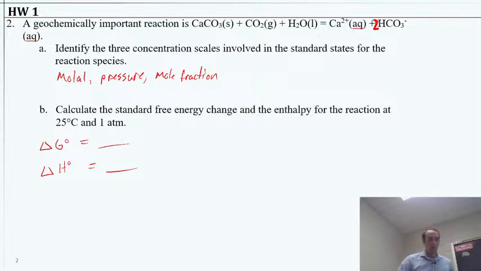So in particular, we need that because when we go to solve the problem, the way we're going to do this is essentially take the sum of all the products minus the reactants. But we're going to take the Gibbs free energies from a lookup table for each of them times the number of moles partaking in that reaction.